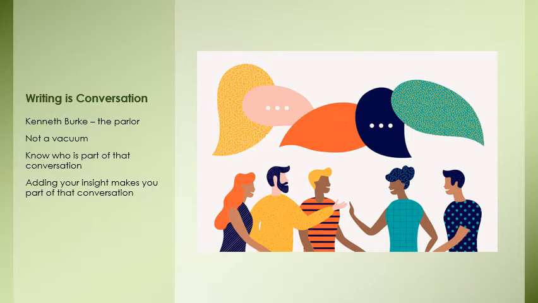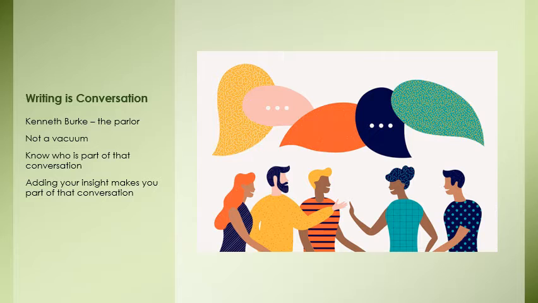So the first thing to talk about here is the idea of writing as a conversation. Kenneth Burke, who was a famous philosopher and writer, was very much into literary theory and rhetorical theory. He talked about philosophy and aesthetics. He wrote a book in which he talked about this notion of writing as entering a parlor.